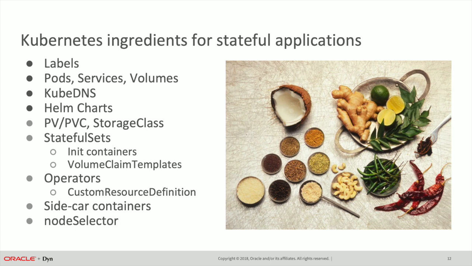Pods, services, and volumes. Pods, I mentioned, of course, pod is the basic object within Kubernetes. A pod is one or more containers running on a machine, and it's declared with, you can do it in JSON, but most of the time people use YAML, which I prefer myself. Services are a stable network access point. Through restarts, that service will point, using a label selector, to the underlying application that's running.